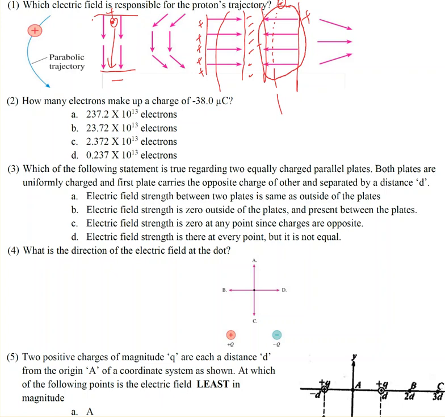Next one, how many electrons make up a charge of negative 38 microcoulombs? So number of electrons equals charge over charge of the electron. So he gave you 38 microcoulombs over 1.602 times 10 to the power of minus 19 coulombs.